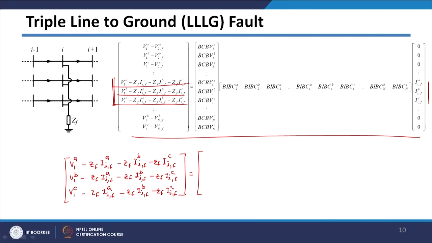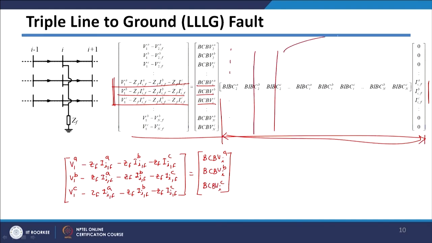these 3 rows which will come into the picture. So this is the BCBV row corresponding to A phase, BCBV row corresponding to B phase, BCBV row corresponding to C phase of the ith bus. And again, if you observe this matrix part here from here to here, these columns are getting multiplied by 0 except these 3 columns here.